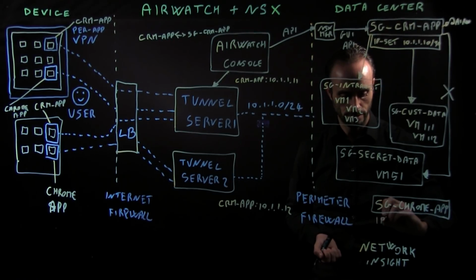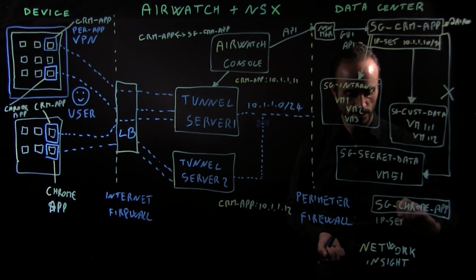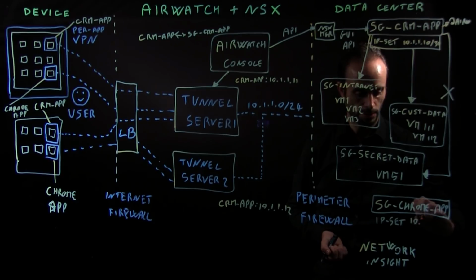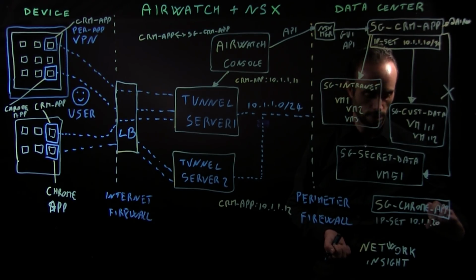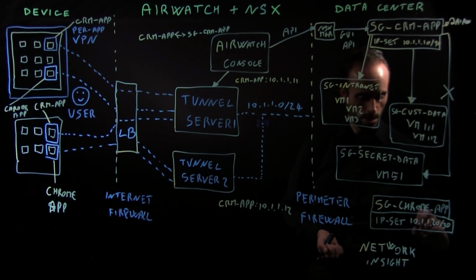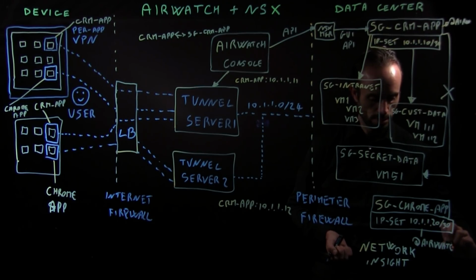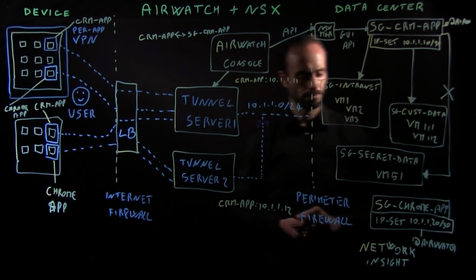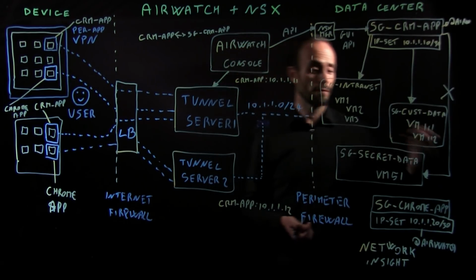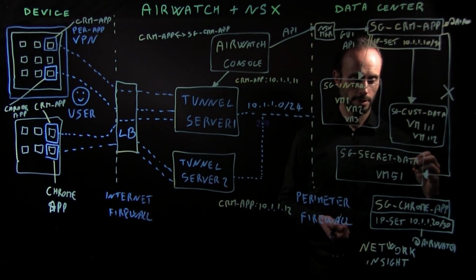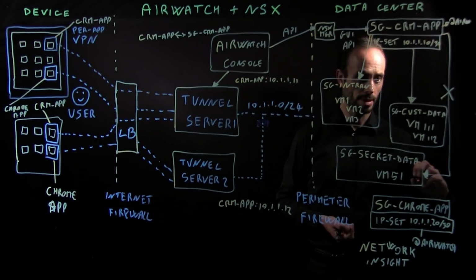We'll have to configure an IP set. That could be, for example, 10.1.1.20/30. We'll have to specify the Airwatch tag as we did before. And obviously, we'll have to make sure that the right policies are applied.